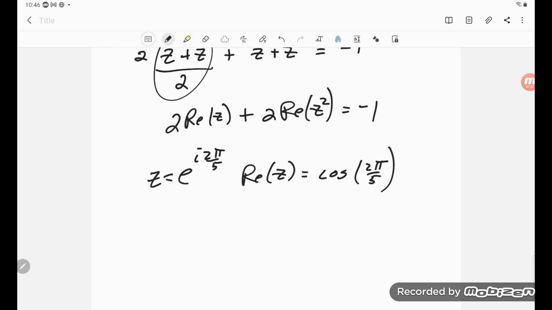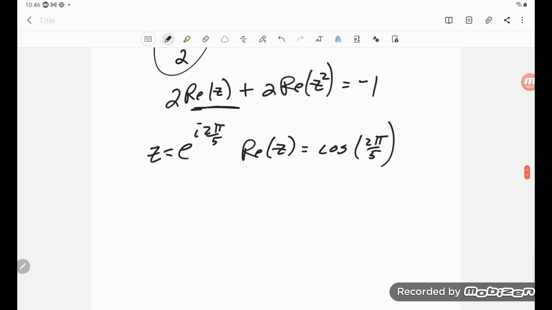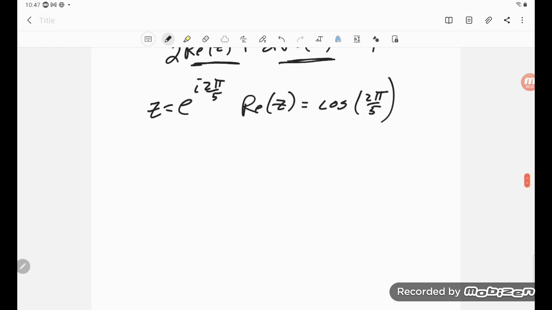So you see there, we're coming up with that cosine of 2 pi over 5. And now the z squared, that's a little bit tougher. But again, if I look at the geometry of everything here, then I can play with that and get something different.